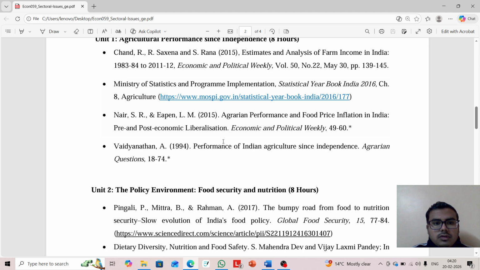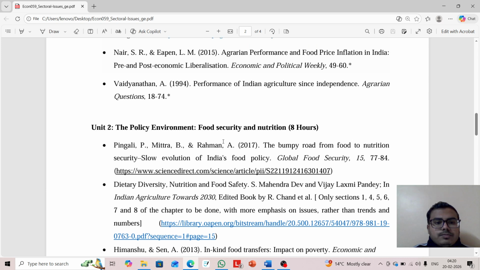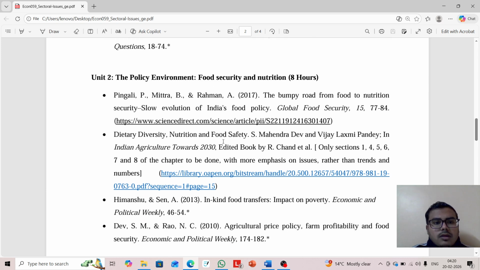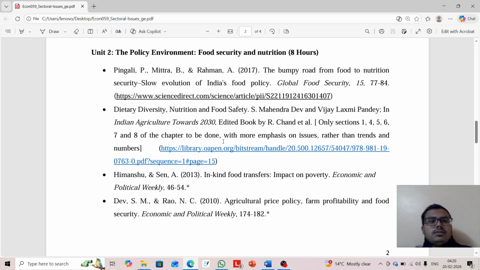Okay, so now let's move to Unit 2. Unit 2 is on the policy, environment, food security, and nutrition. So this unit is mainly about the policies that our government making for food security and nutrition in India.